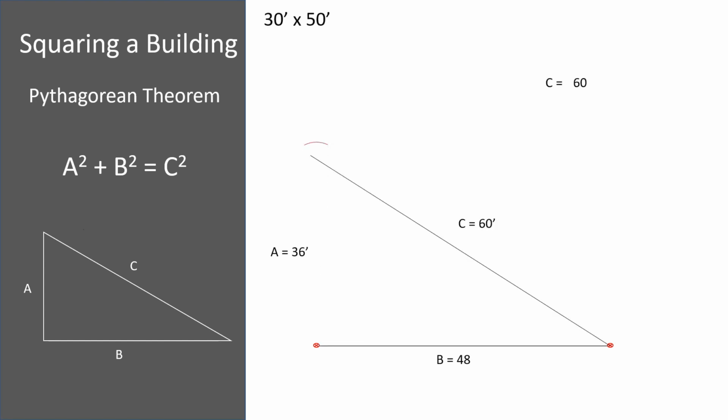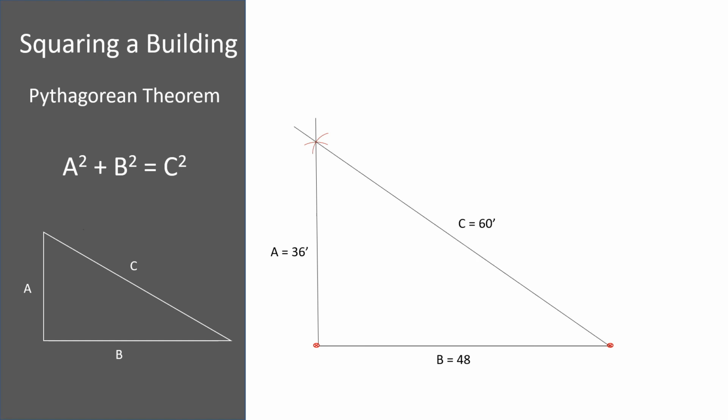Then you go from the far end and stretch a tape measure out 60 feet and make another arc. Where these two arcs meet is a perfect 90-degree angle.